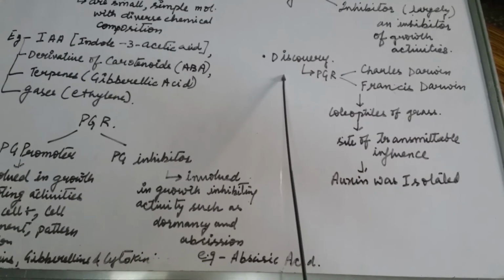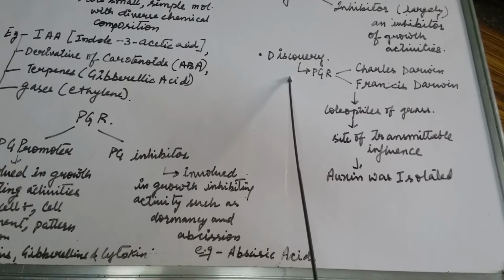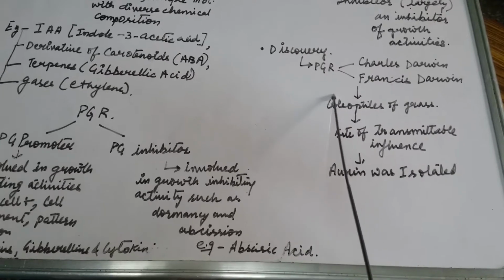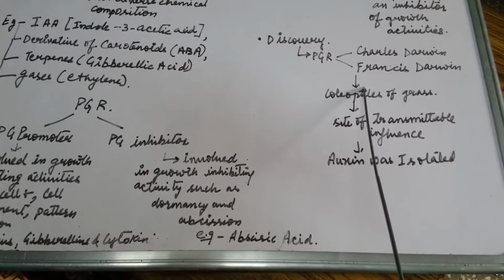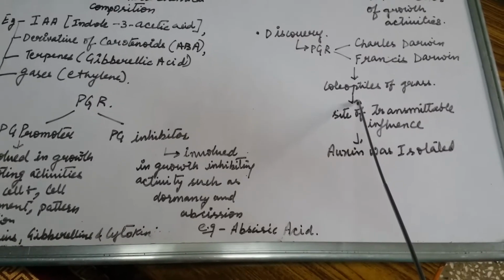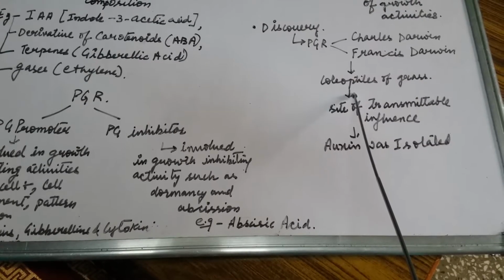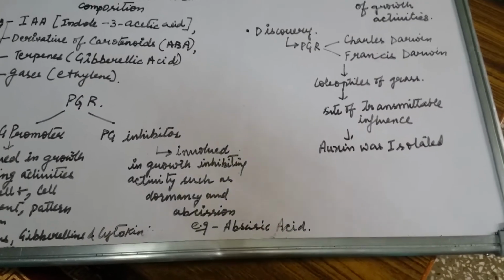Coming to the discovery of plant growth regulators, it started with the observation of Charles Darwin and his son Francis Darwin when they observed that the coleoptile of canary grass responded to unilateral illumination by growing towards the light source.